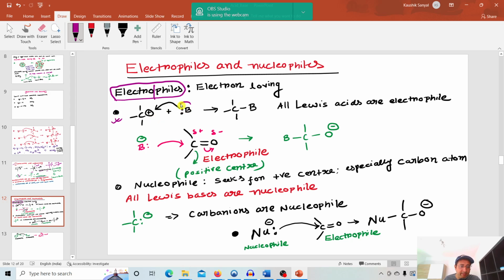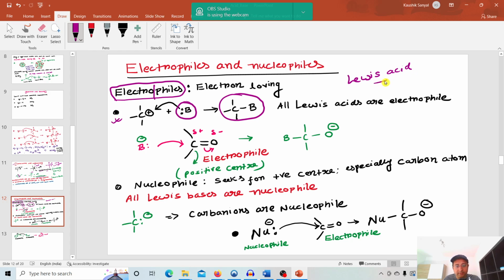If there is any base present in the vicinity of this electrophile or carbocation, the base donates its 2 electrons to the carbocation and forms a bond. By forming this bond, the octet of the carbon has been filled up. That's why these electrophiles are very reactive. These electrophiles are also a type of Lewis acid.